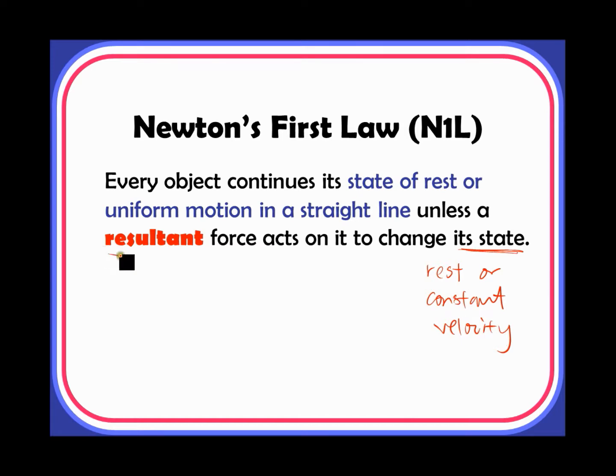Okay, so if there is a resultant force acting on the object, then the state will change, meaning an object at rest will no longer be at rest. An object that is initially moving at a certain velocity will change its velocity also. So that is Newton's first law.